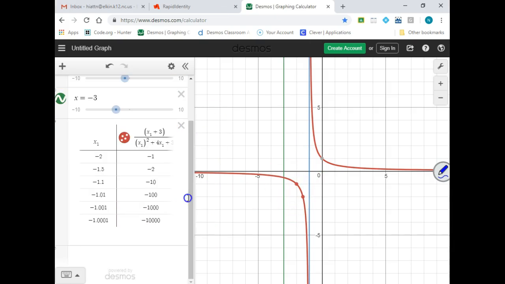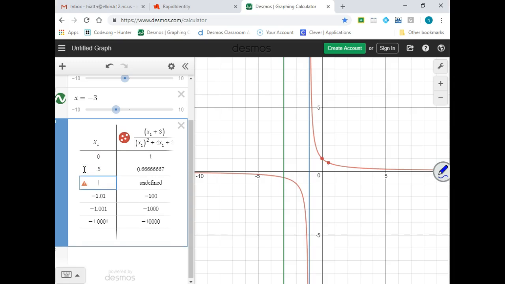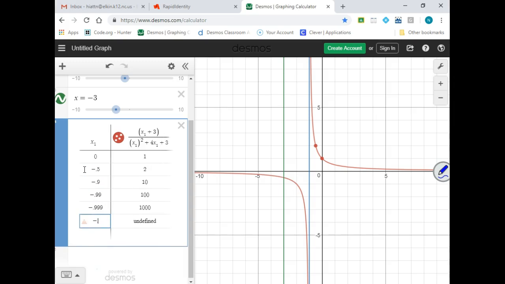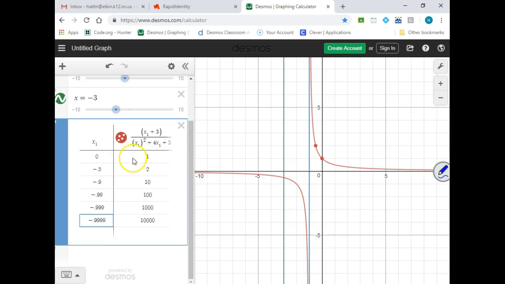So then, if we want to check this from the right, we would start at 0, then 0.5, then we need -0.5, -0.9, -0.99, -0.999, -0.9999, and it's really the same thing happening, except they're all positive now, and you can see on the graph it's getting higher and higher.